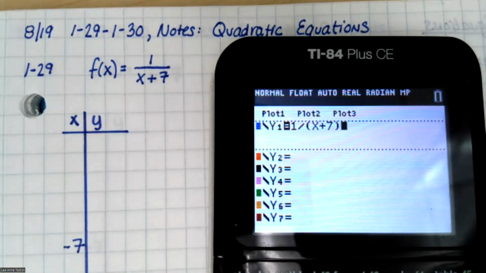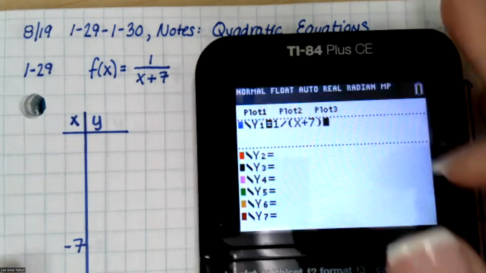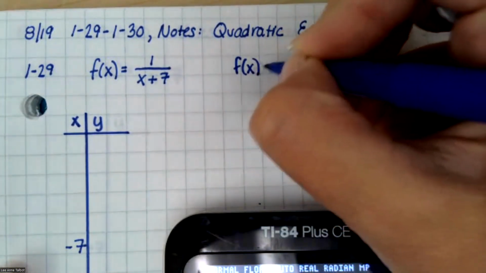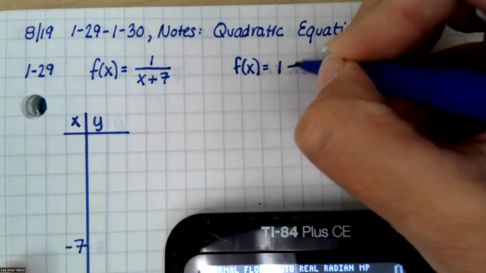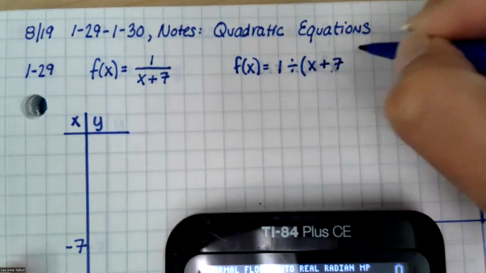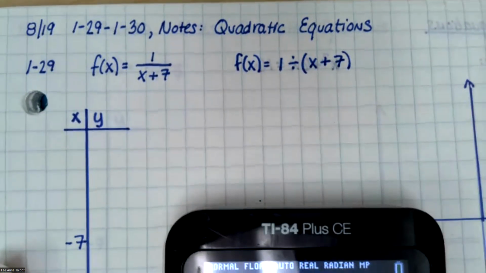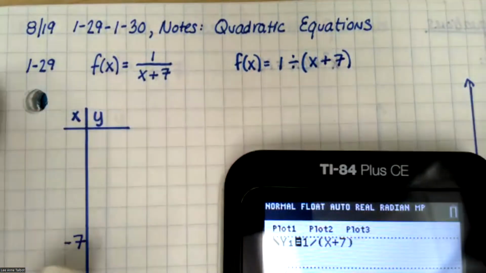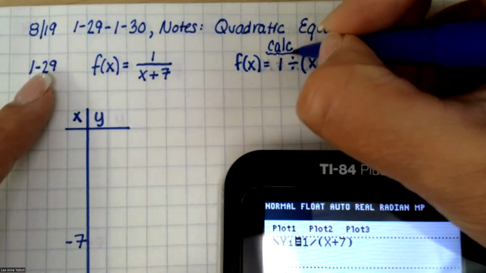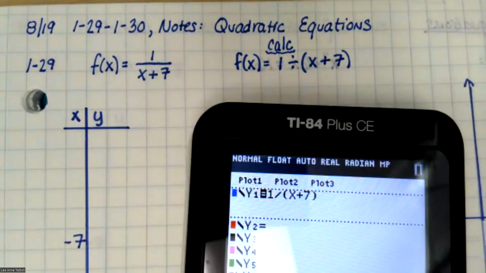Your calculator follows order of operations, and if you don't put the parentheses in there, it's going to mess it up. So over here in your notes, I'm going to write calculator notation up here.